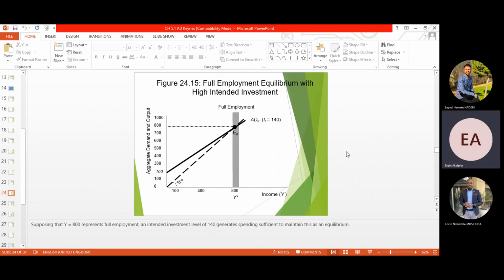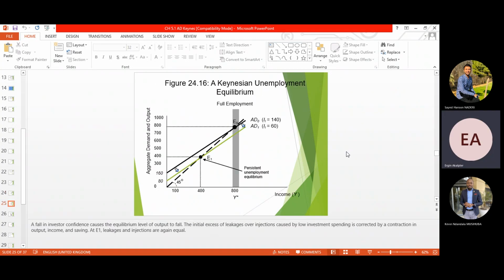And the Keynesian unemployment, again, when we are looking at the graph here, you see there is some reduction because we are moving from aggregate demand 0 to aggregate demand 1, which is reduced from 180 to 160. As a result of this, some employment reduction or some unemployment is observed in the system.